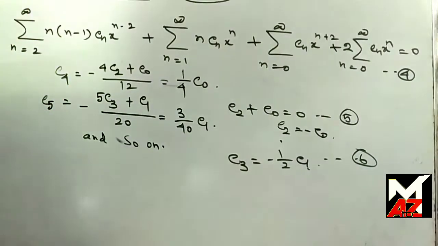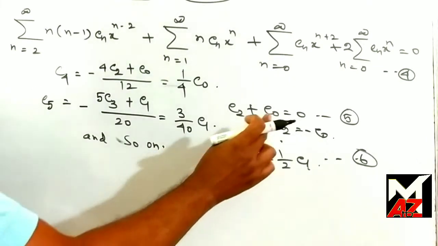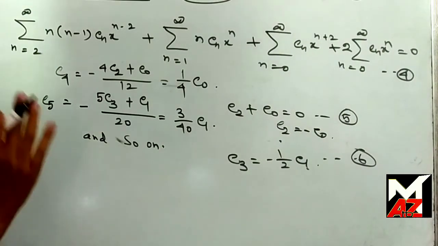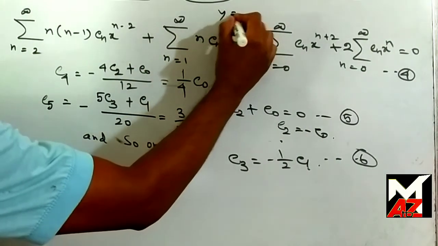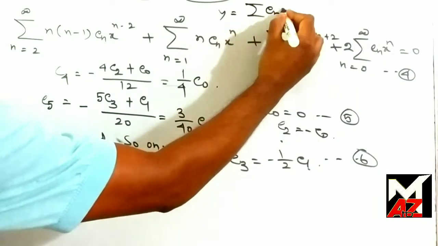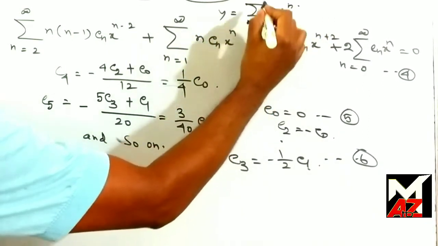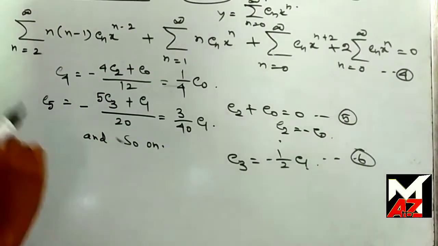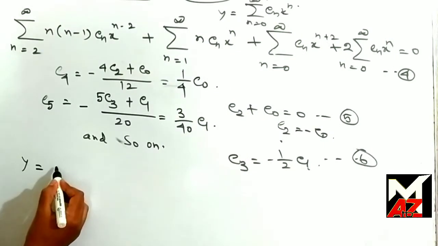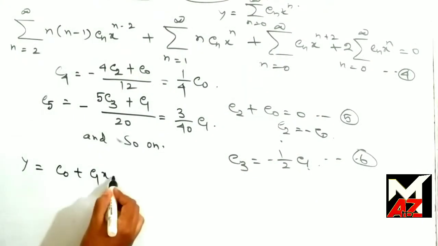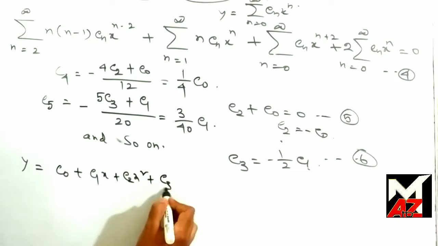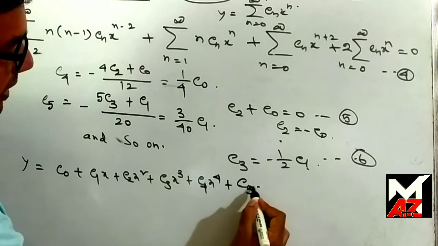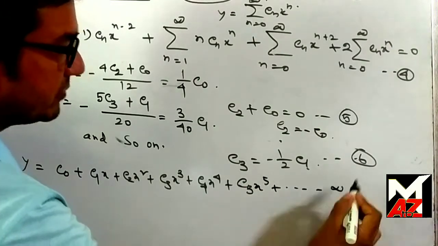We put the values of C0, C1, C2, C3, C4, C5 in the solution, that is y equal to summation c_n x to the power n, n equal to 0 to infinity. We get the solution of 1 as y equal to C0 plus C1x plus C2x square plus C3x cube plus C4x to the power 4 plus C5x to the power 5 plus to infinity.